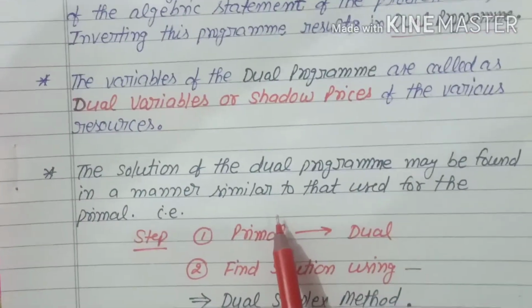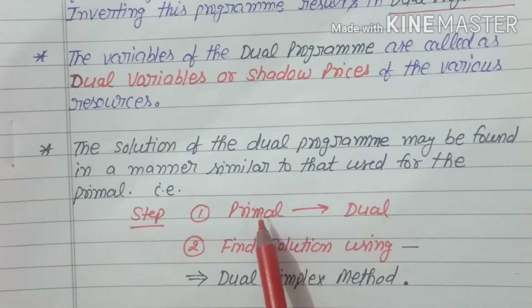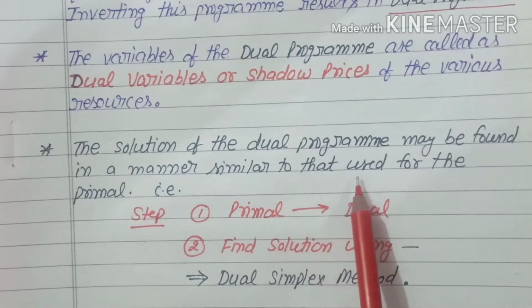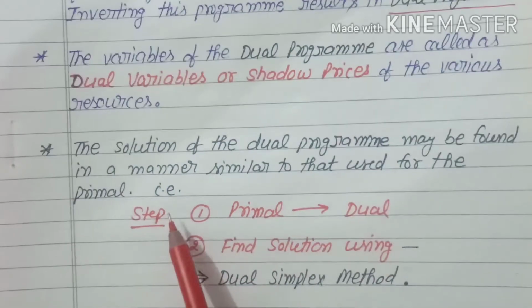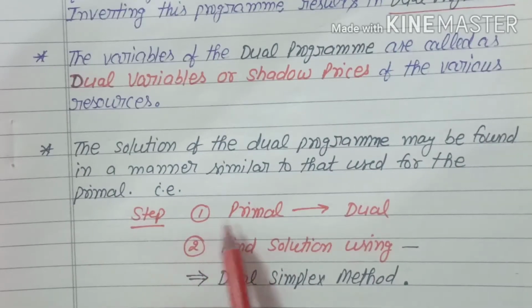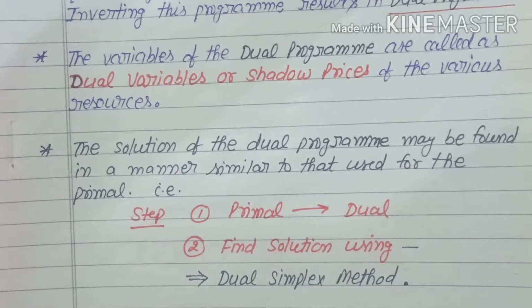The solution of the dual program may be found in a manner similar to that used for the primal. For example, the primal first has to be converted into dual, and then we can find the solution of the dual using the dual simplex method.